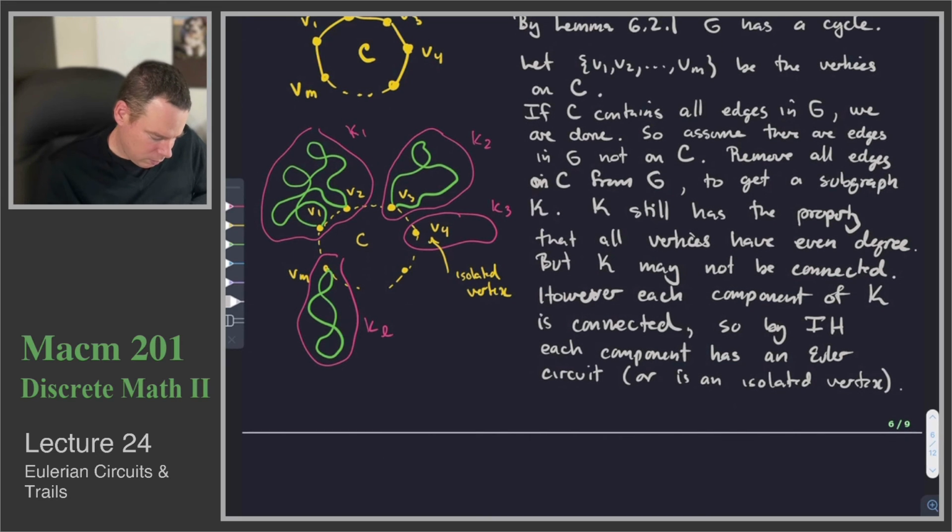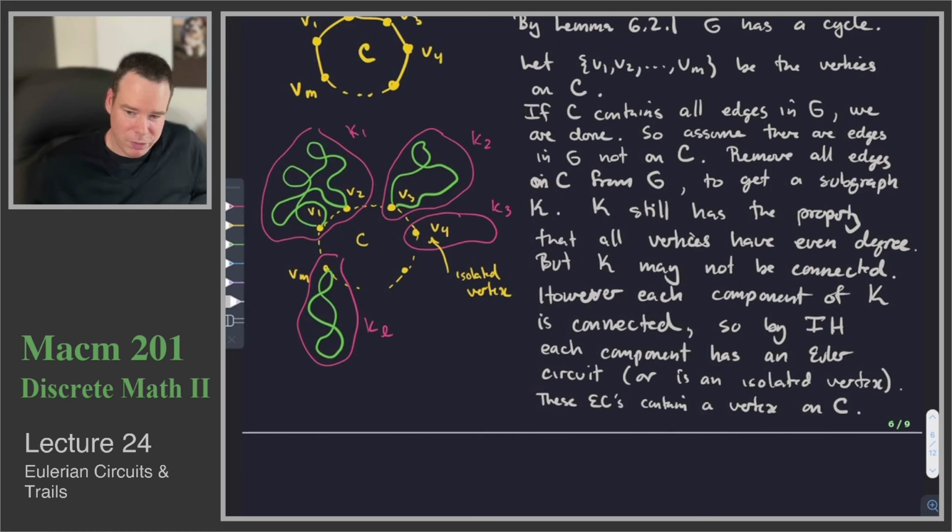And it's worth noting these Euler circuits contain a vertex on C. It might be kind of obvious based on our picture, but it's worth noting because we're going to need to use that fact that all these components have a vertex on C.